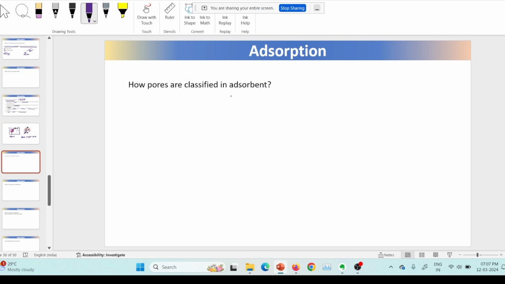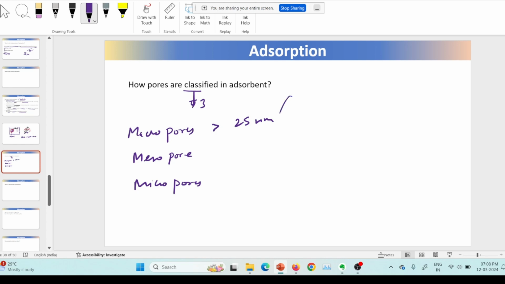So how are pores classified in an adsorbent? We have seen that it has pores. In different textbooks, basically the pores are classified into three: macropores, mesopores, and micropores. Macropores are greater than 25 nanometer in size.